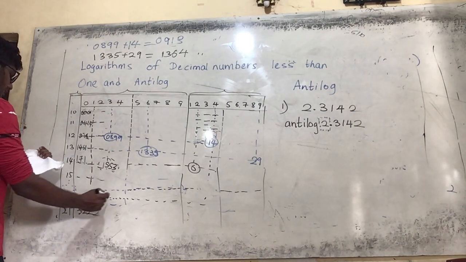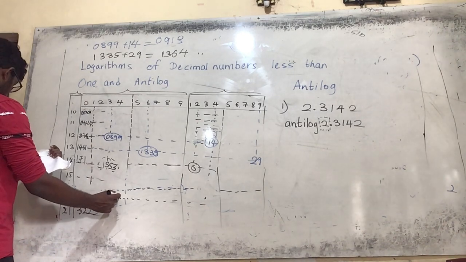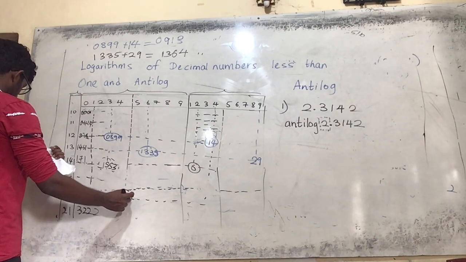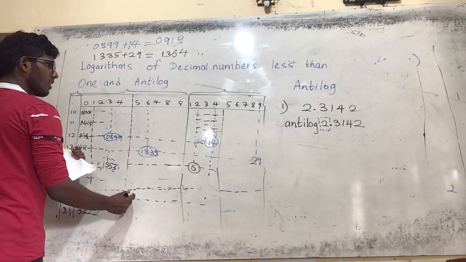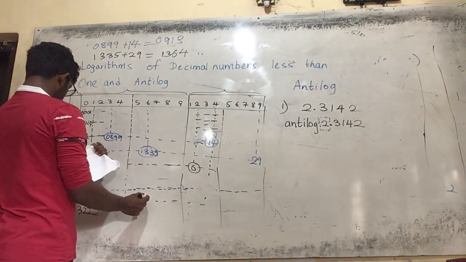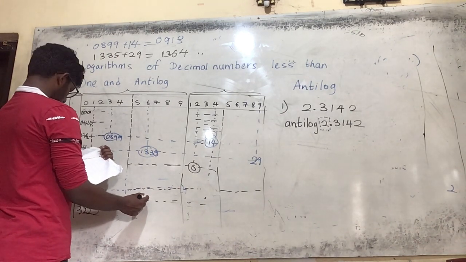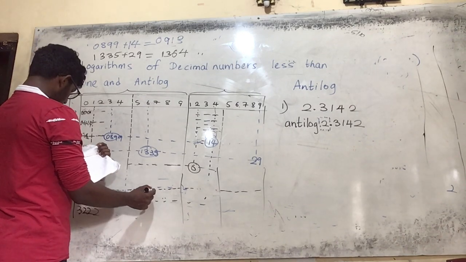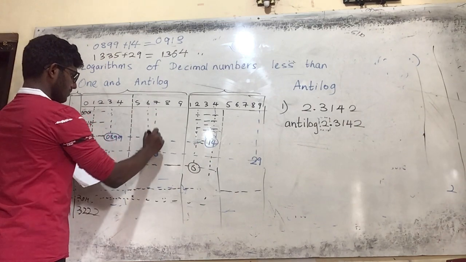Next column you get 3054, 3096, then fifth column 3118, still less than 3142. Next column 3139, still less than 3142. Next column 3160. So you will exceed in the seventh column, 3160.